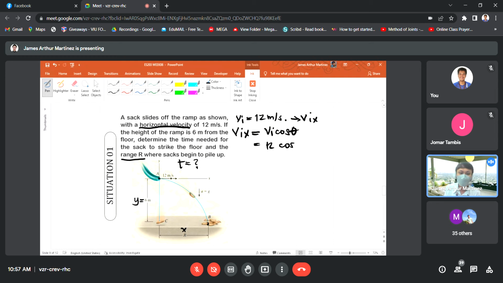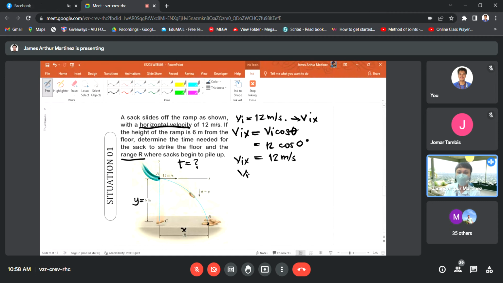Clearly, it is not inclined, since it is acting along the horizontal, the x component. So your angle of inclination is 0. Cosine of 0 is 1, so 12 times 1 gives you 12 meters per second as your VIx.